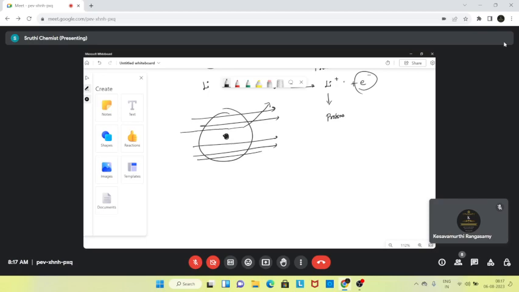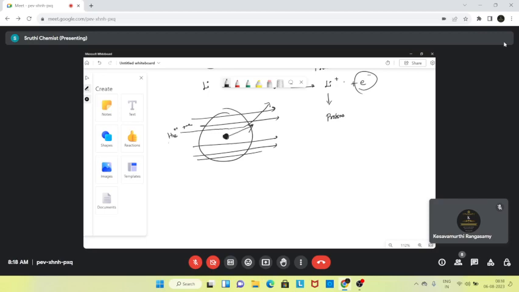The reason is that the alpha particle is also positively charged, a helium 2 plus ion, and the nucleus is also positively charged. So when the helium comes near the nucleus, it gets deflected. So he stated that the nucleus is in the center, in a very, very small region compared to the size of the atom.